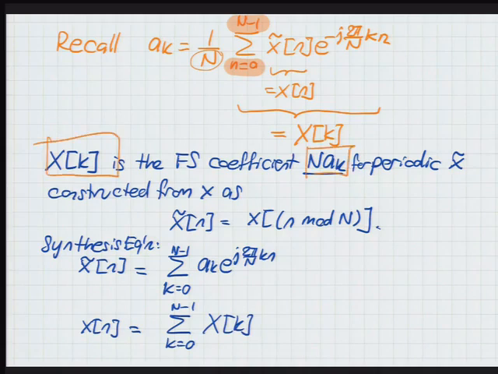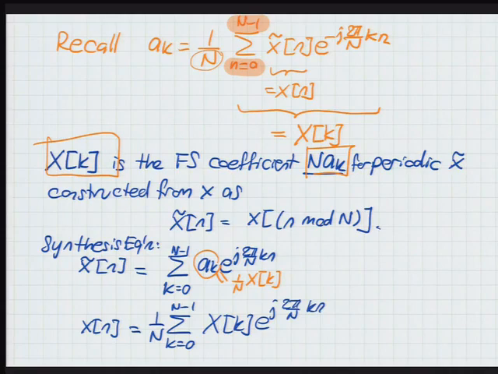So then a_k is equal to 1 over N X of k. So if I put a factor of 1 over N here, then what I've written inside is similar to a_k, and then you have e^(j2π/N kn). That gives you x tilde.